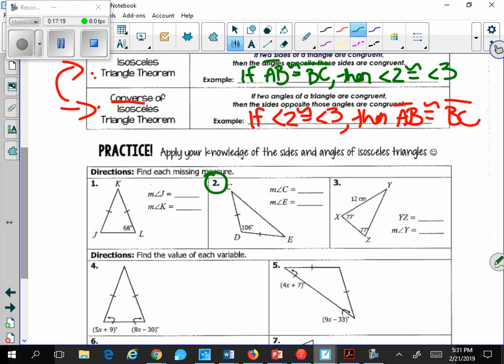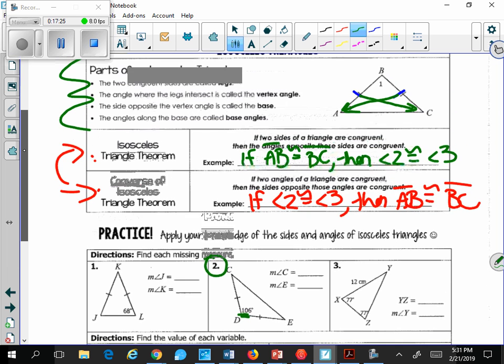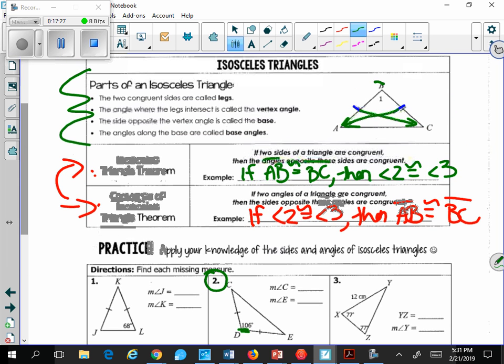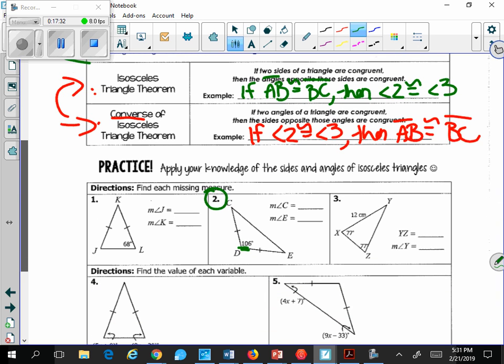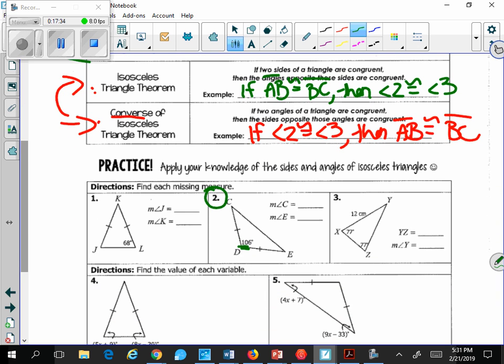Right here in number 2, they're telling me that this angle right there is 106. Now remember, that angle is my vertex. My vertex angle isn't equal to anything in an isosceles triangle, but I have these two sides that are equal to each other, and if I go across each of them, the isosceles triangle theorem says that those two angles are congruent to each other.